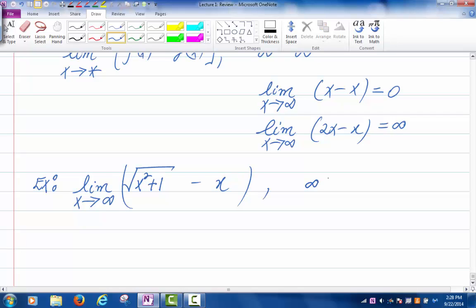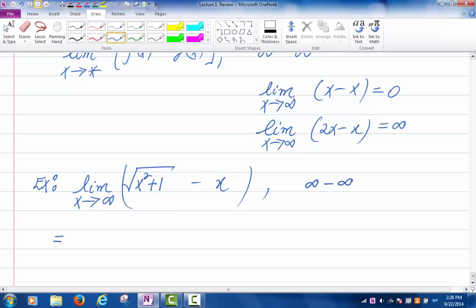The limit of the first term is infinity, because x squared plus 1 has limit infinity, and then the limit of x is also infinity, right? So I have infinity minus infinity. However, the limit is not necessarily 0. So let's see what the limit should be. It could be 0, but just because it's infinity minus infinity doesn't guarantee it's 0.